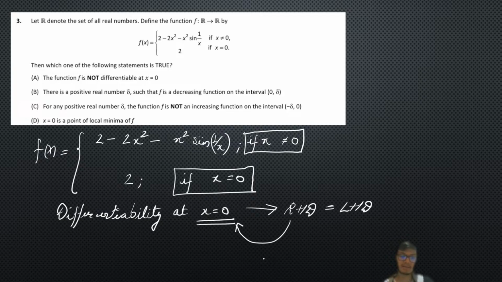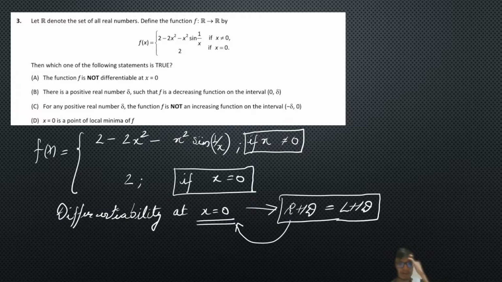If your right hand derivative is equal to the left hand derivative at that point, then the function is differentiable. So it is very important to check that your RHD should be equal to LHD at that point for the function to be differentiable.